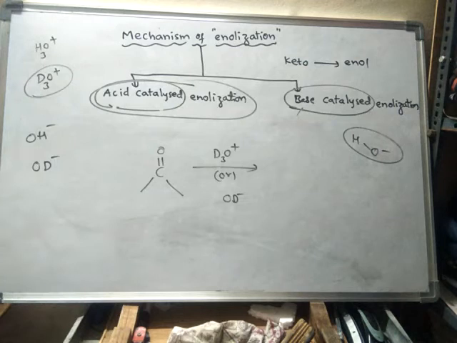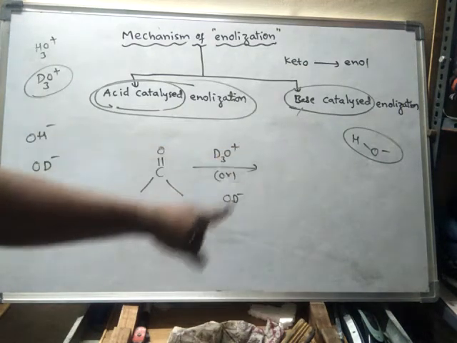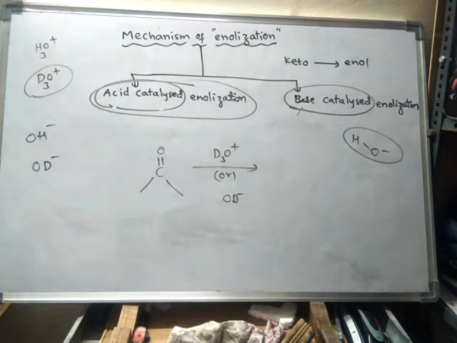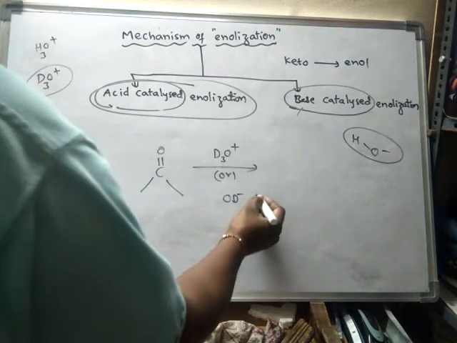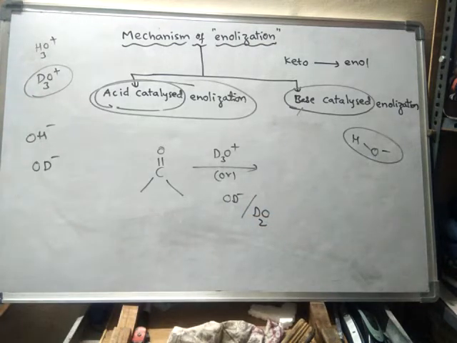So in experiments, scientists generally use D3O plus or OD minus, etc. Compounds related to isotopes are also used in order to perform experiments.